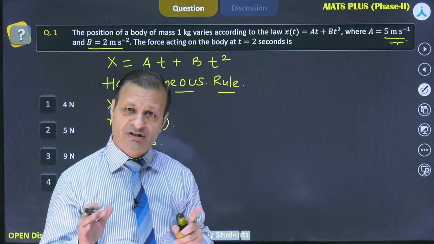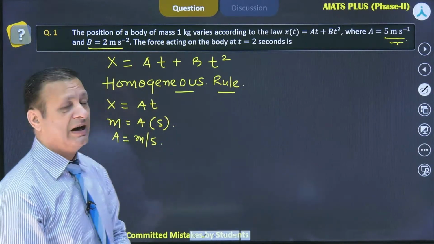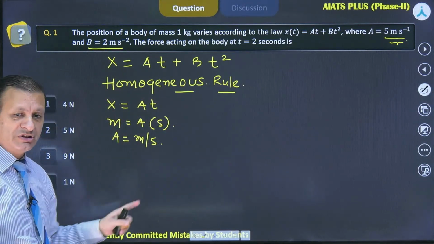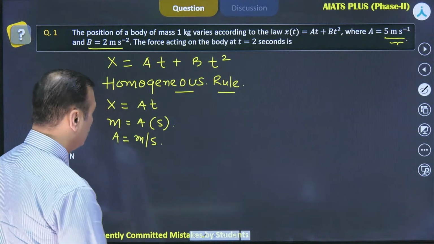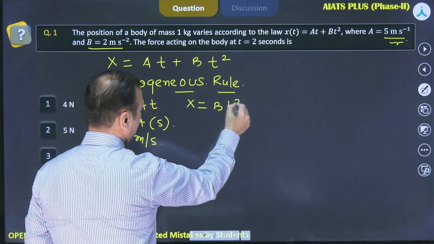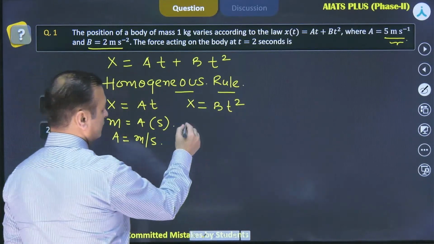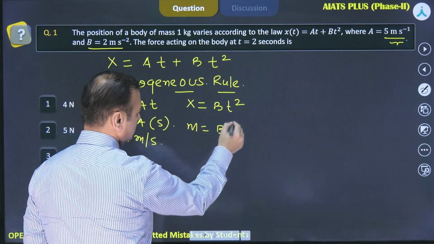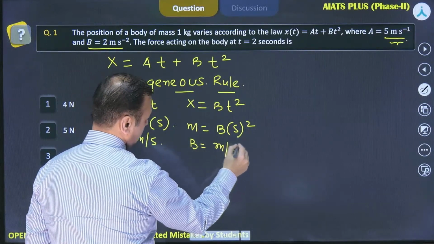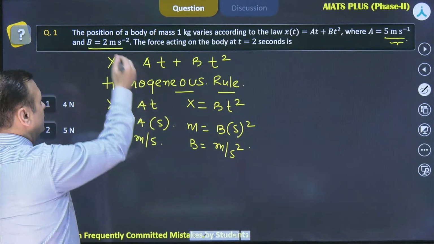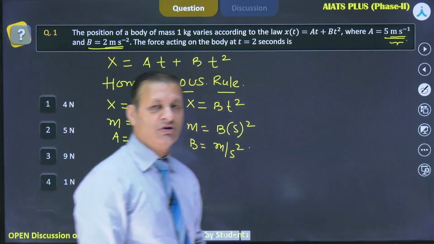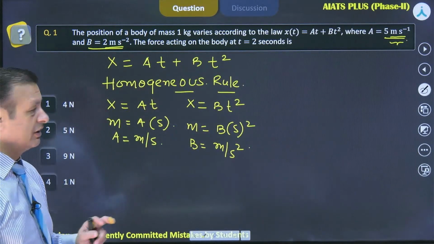But does it have units? Yes, it does, and the units for A are meter per second. Now for B, simultaneously x should also be equal to Bt square. This is as usual in meters and time being in seconds. So unit wise, this is meter per second square. So very first doubt, why we have units for these constants. We got the answer for that.